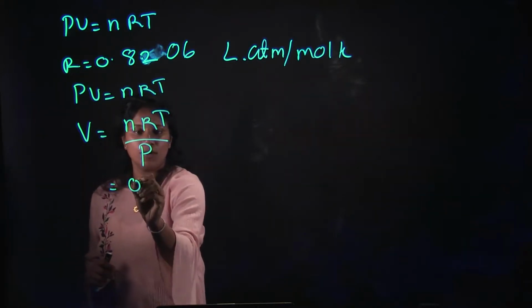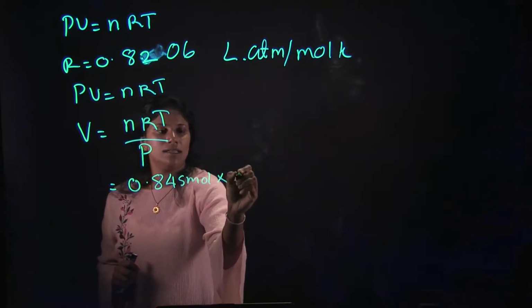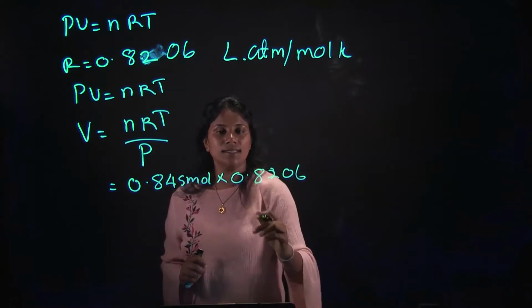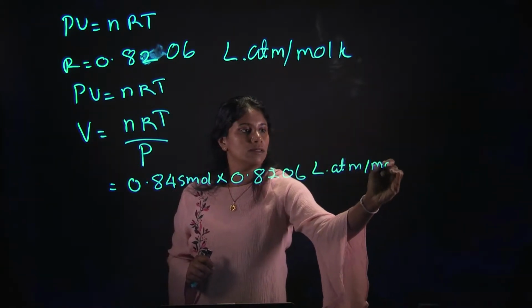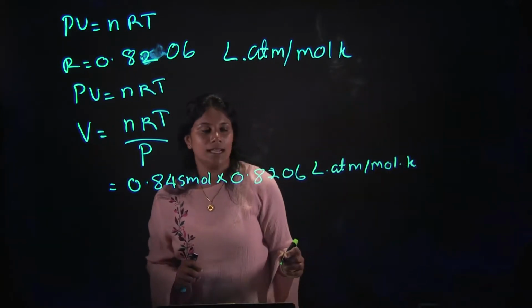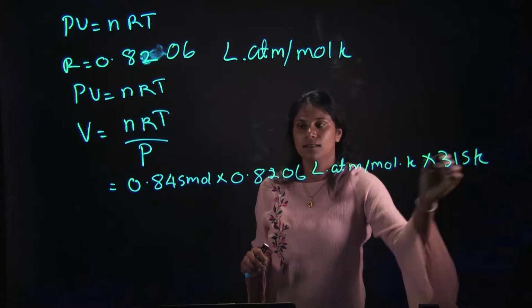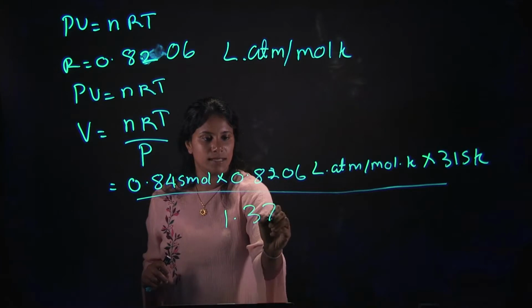n is 0.845 moles. R is 0.08206, which is the gas constant, in liters atm per mole Kelvin, and T is the temperature, which is 315 Kelvin. P is the pressure, 1.37 atm.